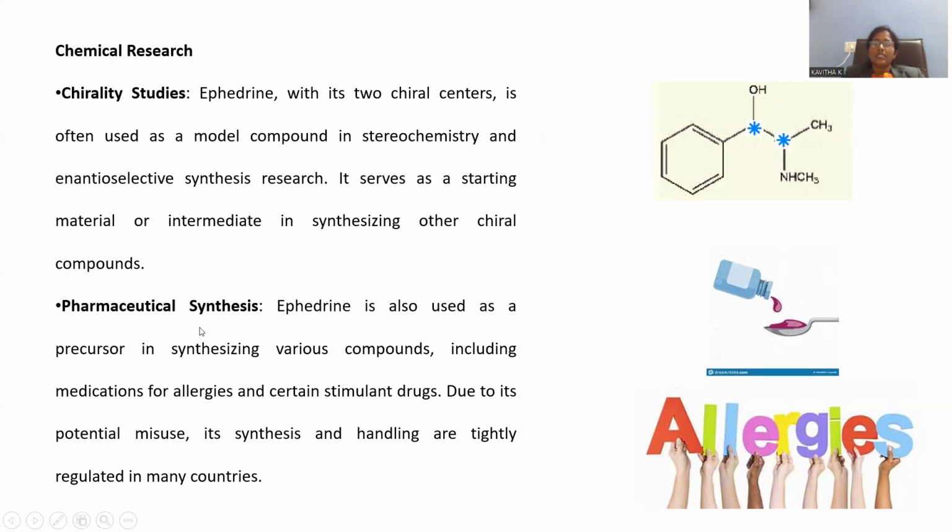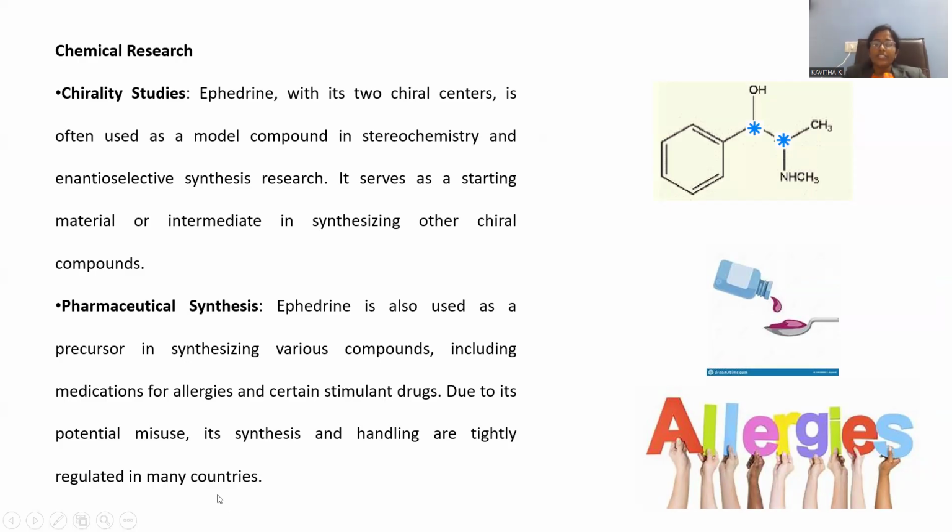And pharmaceutical synthesis: how is it applicable in the pharmaceuticals, in the medical field? As already discussed, it gives bronchodilation, low blood pressure is regulated, asthma conditions are regulated, sleeping tendency is mitigated, stimulation is enhanced, and high energy and high activation are provided by means of this.